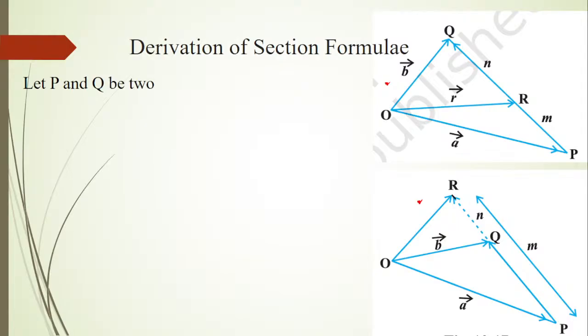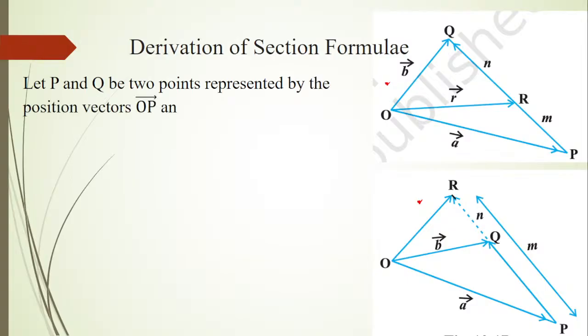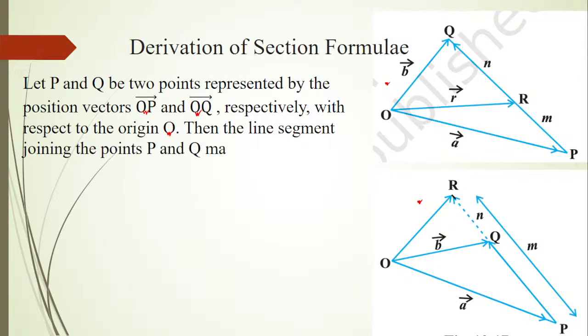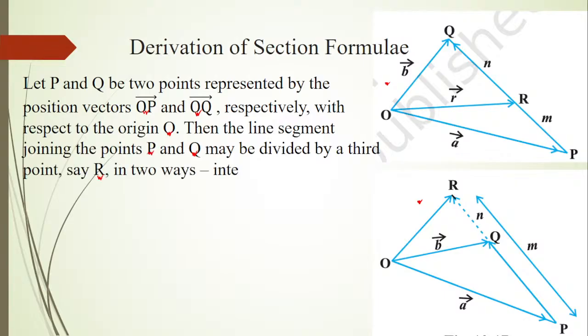Let P and Q be two points represented by the position vectors OP and OQ respectively, with respect to the origin O. Then the line segment joining the points P and Q may be divided by a third point, say R, in two ways, internally and externally.